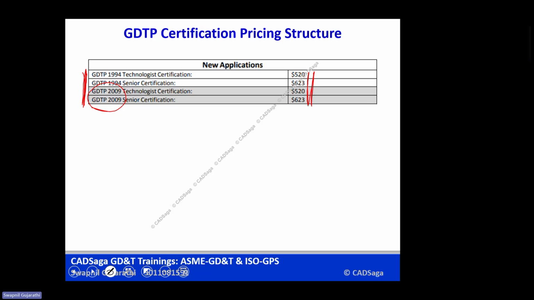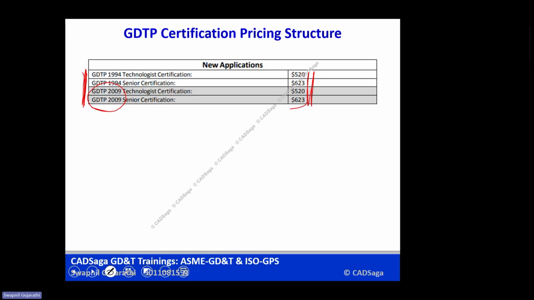In my 25 years career, for almost 18 years, I was certified, initially as technologist and then continuously at senior level. But I don't want to pay money now. I'm waiting for the 2018 version of the examination, and they are promising that in 2026 they will be launching that as per the 2018 standard. So I'm waiting for that. I don't want to get certified again and again on these 1994 or 2009 standards.